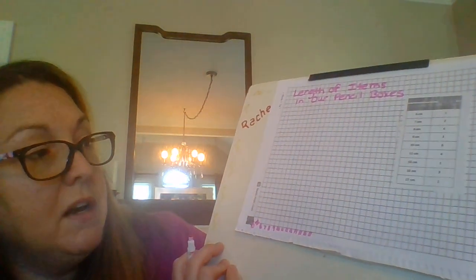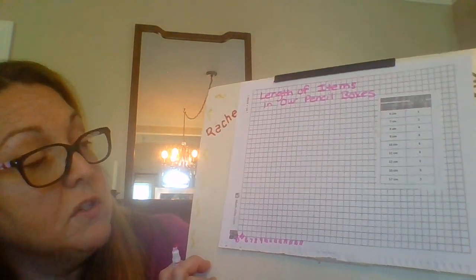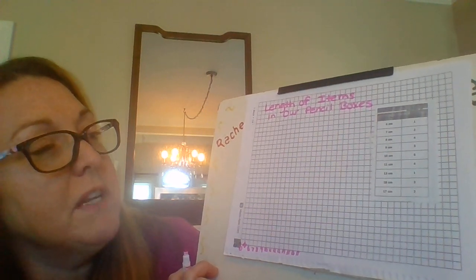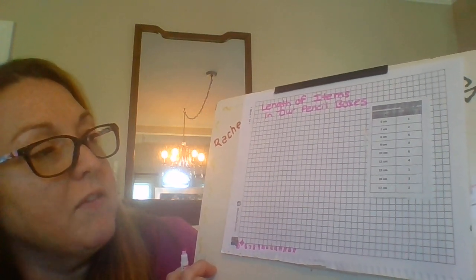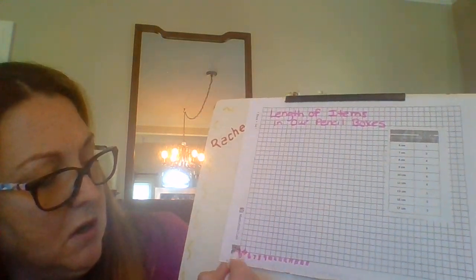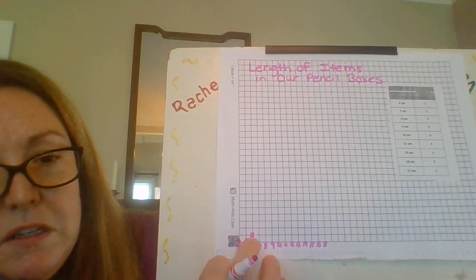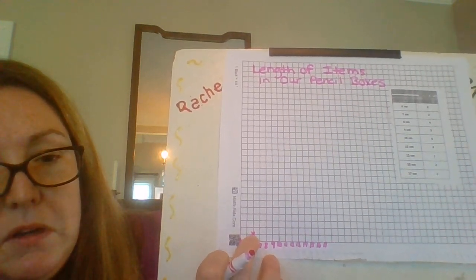Okay, now it's time to put our data on this graph. So for 6 centimeters, how many pencils in our classroom did we have that were 6 centimeters long? Well, just 1. So see, here's the 6. We're going to put an X right there because that first line up would be where the first X would go.